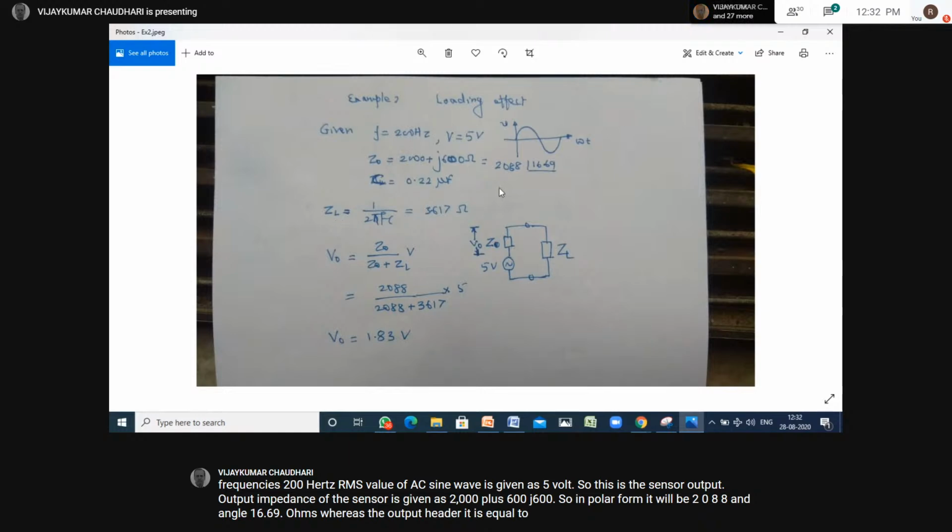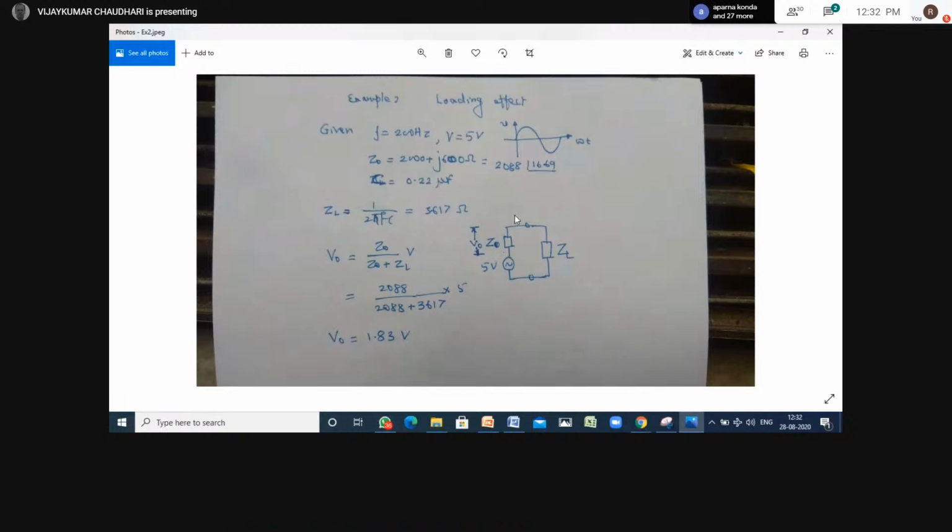ZO is of the sensor, ZL is of the capacitor. So ZL becomes 1 upon 2 pi FC, 3617 ohms. So this then is a Thevenin circuit and a series circuit. So VO across ZO is to be found out. What is the sensor output, that is to be found out.